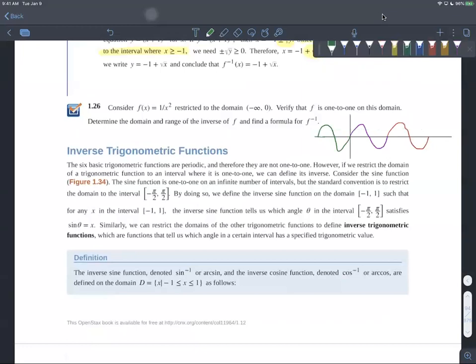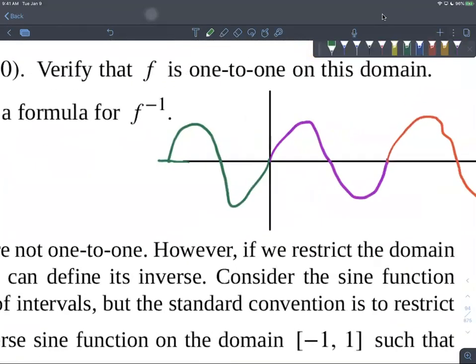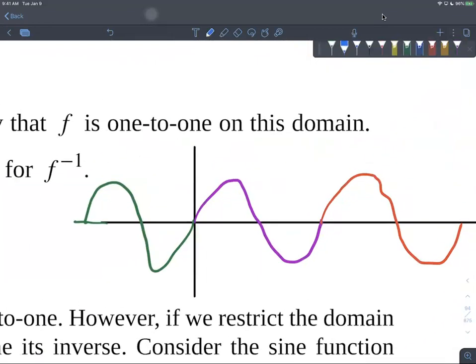We can see that. But the standard convention is to restrict the domain to the interval -pi/2 to pi/2. If you take a look at this function on the interval from -pi/2 to +pi/2, we get this piece of the sine function.